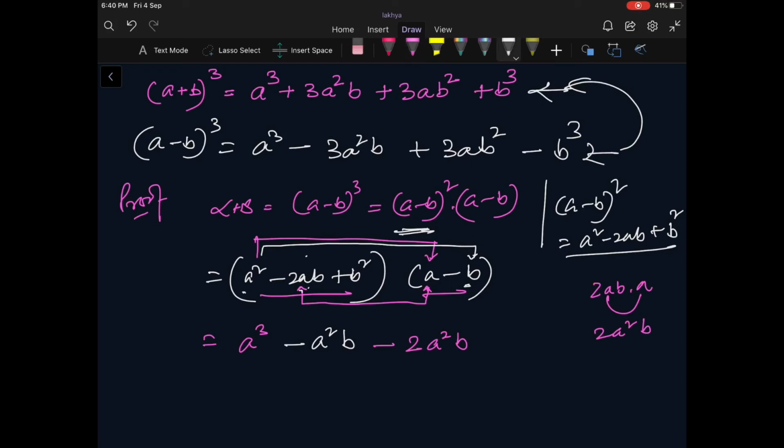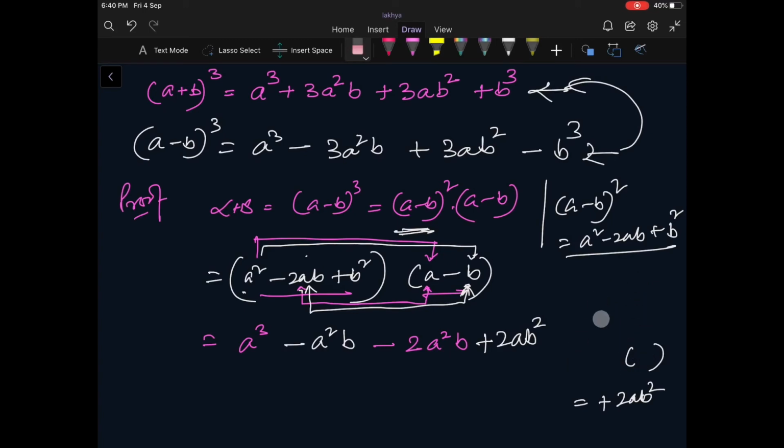Next we need to multiply minus twice ab with minus b. Here this is minus b. Now we multiply minus twice ab into minus b. This is negative, this is also negative, that's why the result must be positive, and b into b is b square, so twice a b square. So our next term is twice a b square.